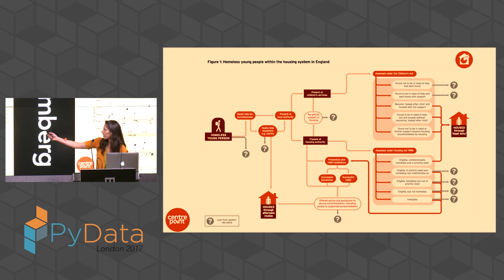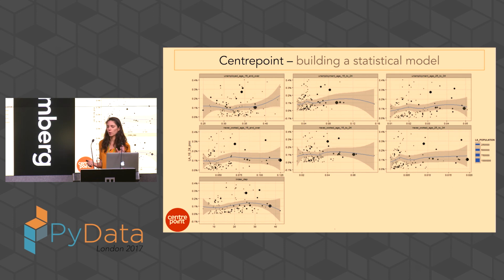Those are probably not the best and not the most predictive characteristics that we got, but we had dozens and dozens of them. And what we found was that there were a few things that tended to correlate fairly well with a high number of homeless people.